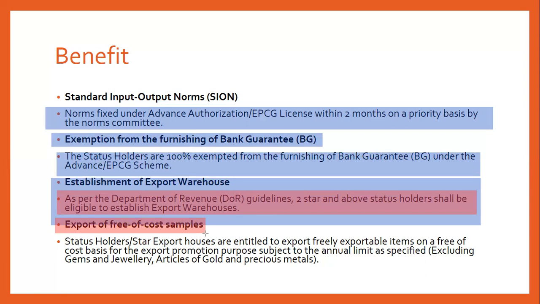So in such cases, where you are under the status holder exporter, the government provides the benefit that status holder star house exporters are entitled to export freely exportable items free of cost on export promotion purpose, subject to the annual limit specified. So whatever annual limit the government fixes for exporting FOC shipment, under this the status holder exporter can export.